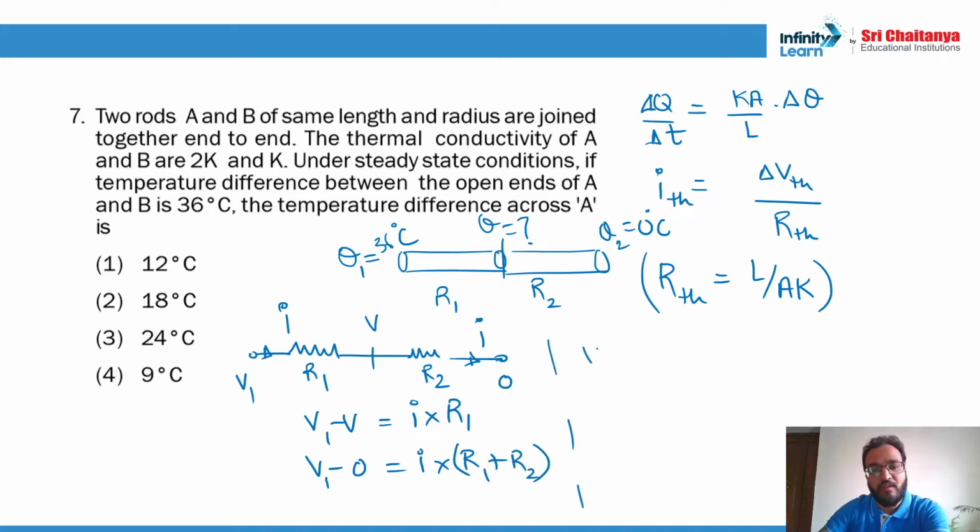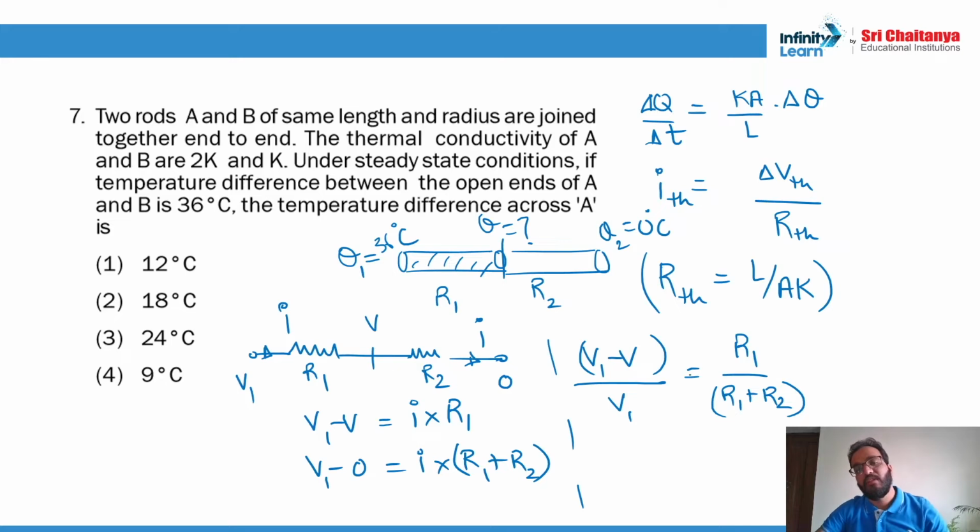So V1 minus V, that is the potential drop across this rod, upon the overall potential difference is equal to R1 upon R1 plus R2. So this is what we want, the potential difference across here, that is V1 minus V. Right? So what is R1? You will say, sir, L by A into 2K upon L by A into 2K plus, I suppose the screen is not visible.